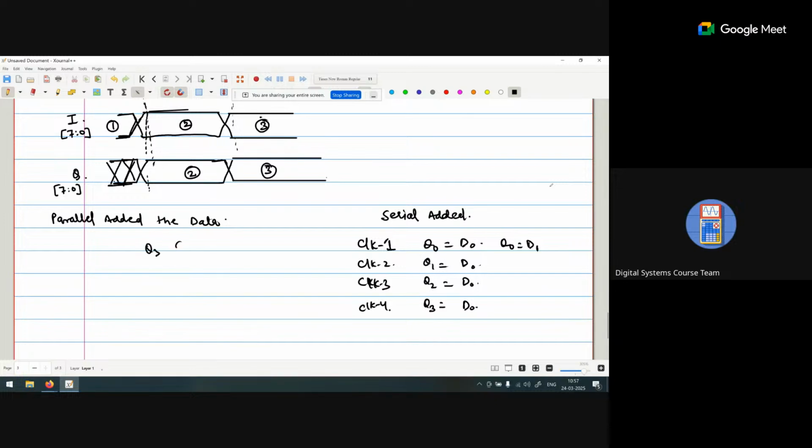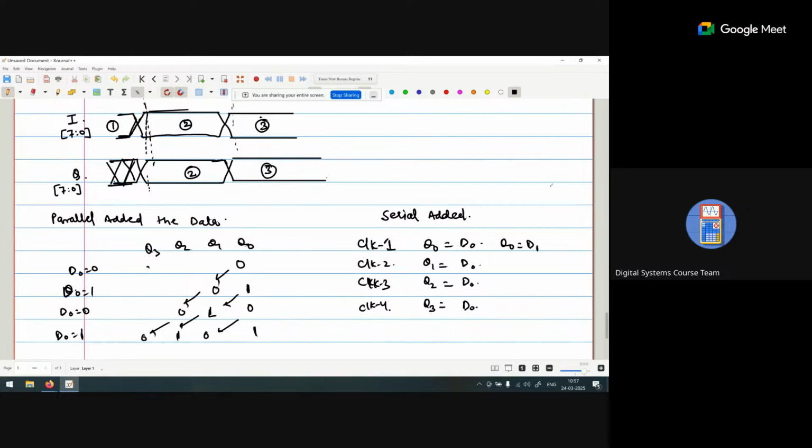In the same way, we have Q3, Q2, Q1, Q0, and initially it is 0. Now when T0 is 1, 1 is inside here. When we apply T1 as 0, 0 is inserted here and 1 is shifted here. And when we apply T0 as 1, 1 is here, with 0 shifted here, and 0 shifted here.